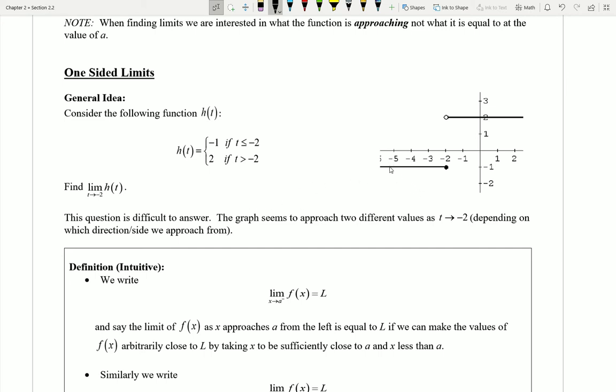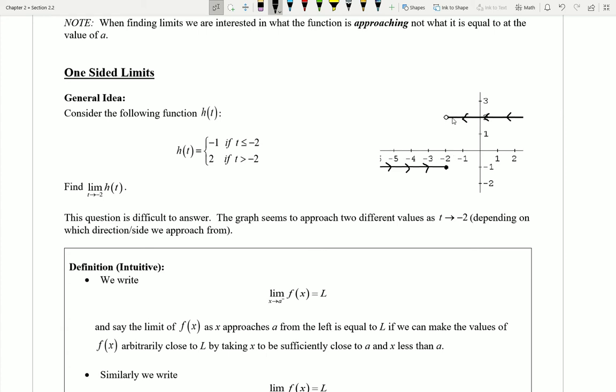Notice, if I was to imagine again that h of t is a path that I'm going to walk along. If I started over here on the path and I started moving towards the x-coordinate of -2, the y value that I'm getting closer to is, well, this way I'm getting closer to -1. But what if I was walking on the path this way, trying to get closer to the x-coordinate of -2?